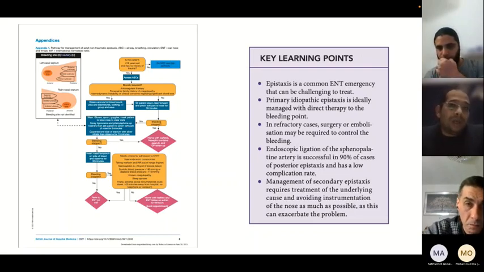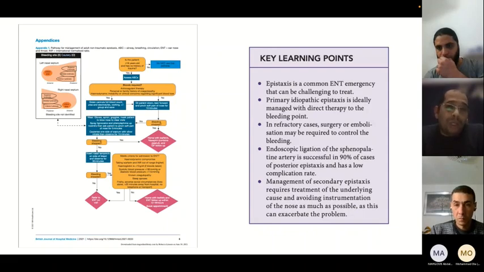If there are other underlying causes, like patients taking anticoagulants, or patients with coagulopathy or blood disease, we control the bleeding locally with nasal tampons or indirect therapy, and try to correct the underlying cause.